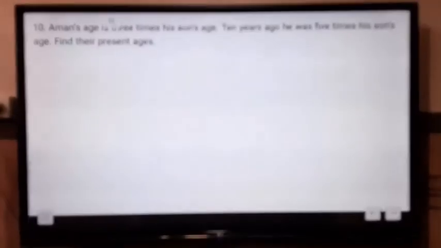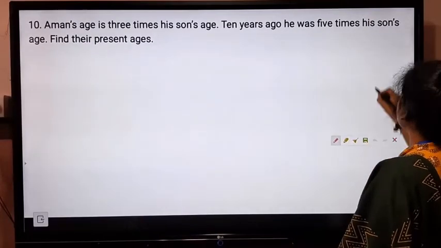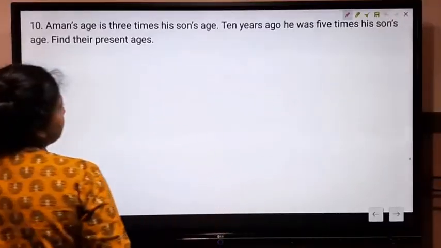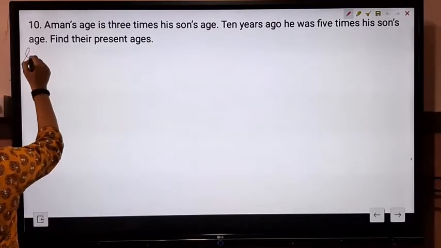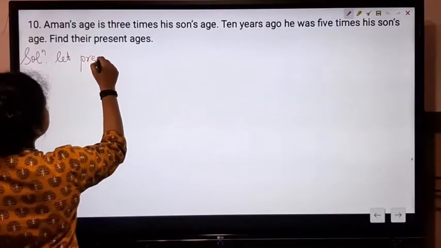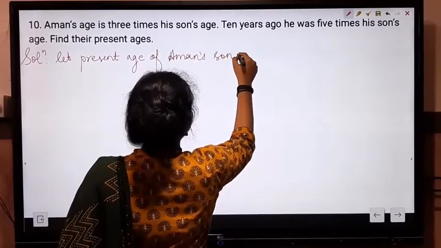Question number 10th. Aman's age is 3 times his son's age. That means there is a person whose age is 3 times his son's age. 10 years ago, he was 5 times his son's age. We need to find their present ages. So for solution, what can we do? Let present age of Aman's son equal to x.